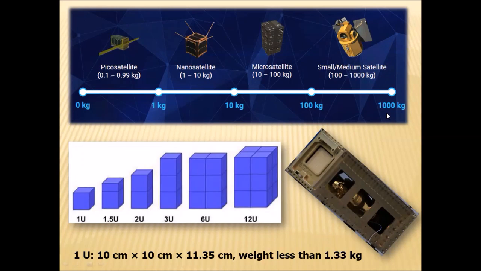They have a design specification from 1U to 12U, and 1U is 10 centimeter by 10 centimeter by 11.35 centimeter, and the weight is less than 1.33 kilogram. This is the unit, the so-called CubeSat standard.